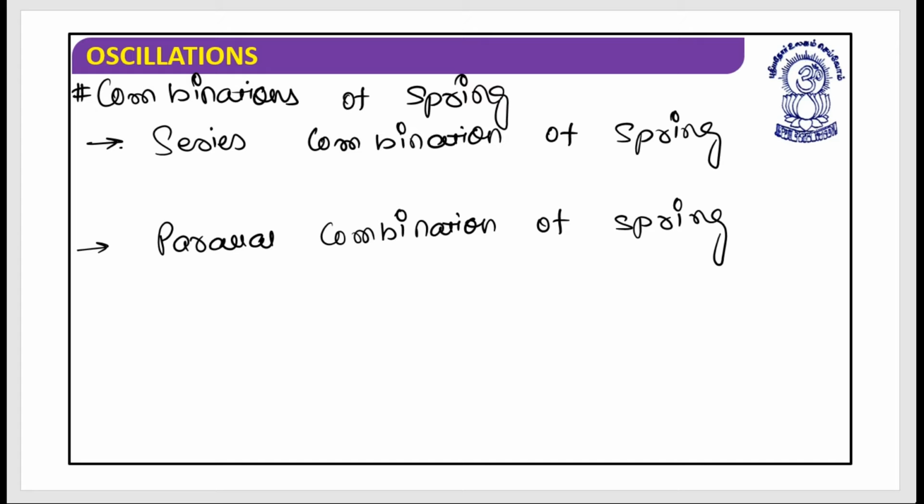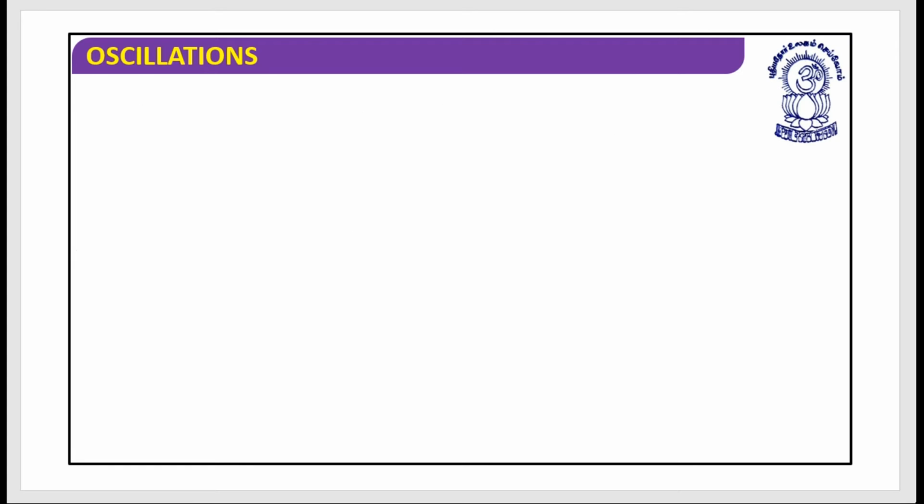So let's look at the series and parallel combination of the spring one by one. Yes, first it is the series combination of spring.